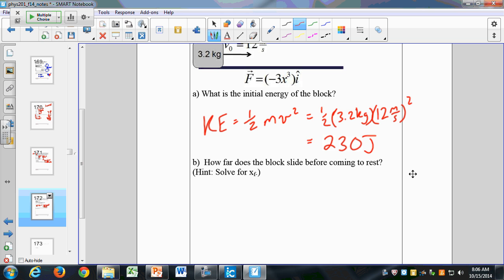Remember when we did this with the spring, we said that the work was equal to the integral of our force that varies with position with respect to dx. So you want to take the integral of that force with respect to dx and then solve for our final position when our total work is equal to 230 joules.